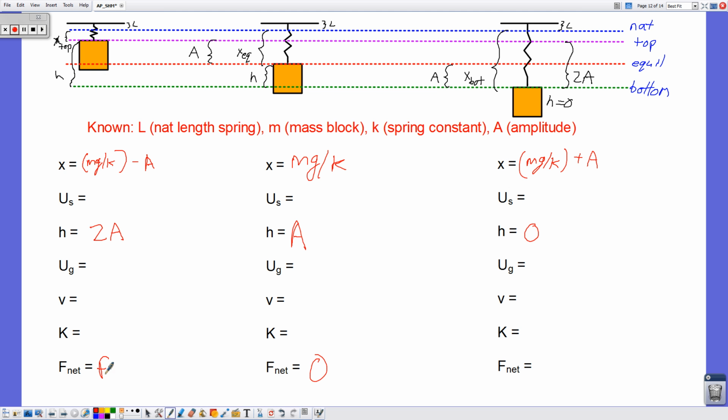So that's going to be spring force plus gravity force. Except that's cheating. Spring force is minus k x plus gravity force.